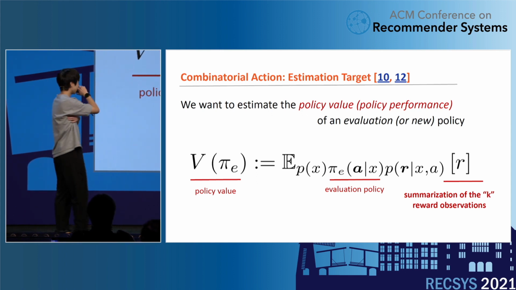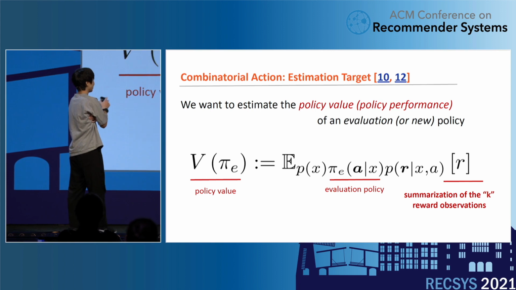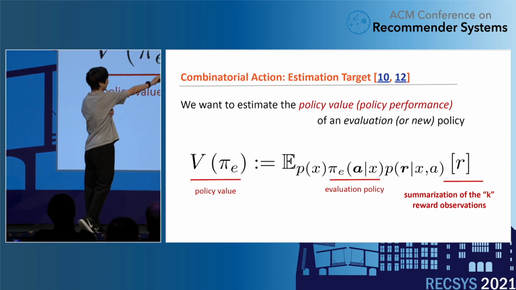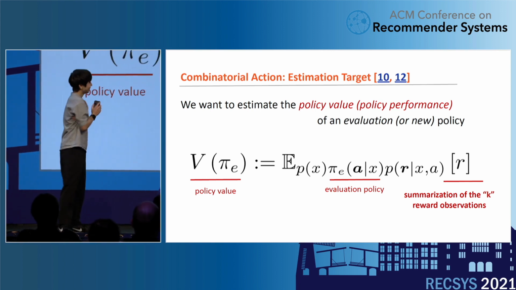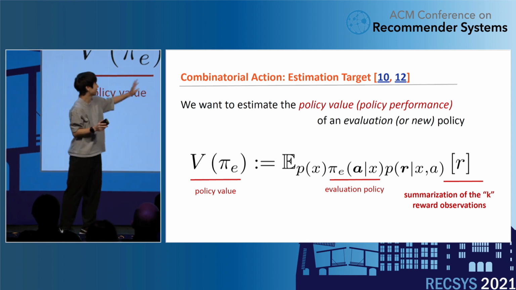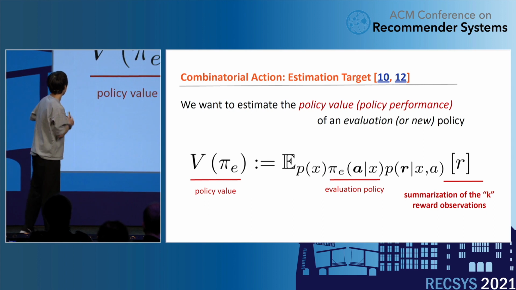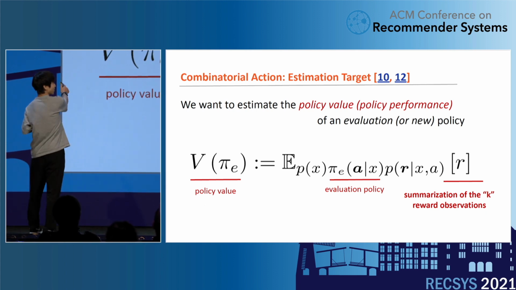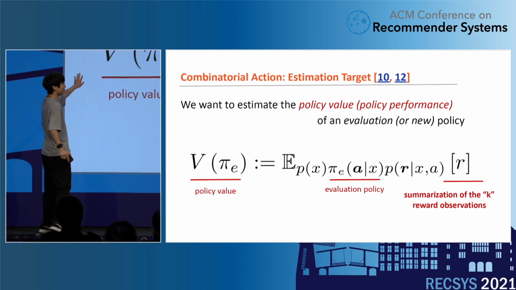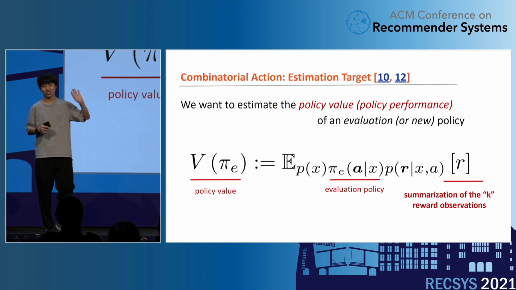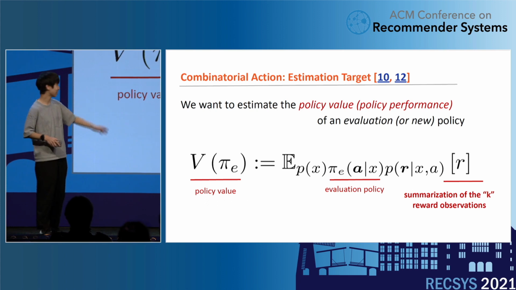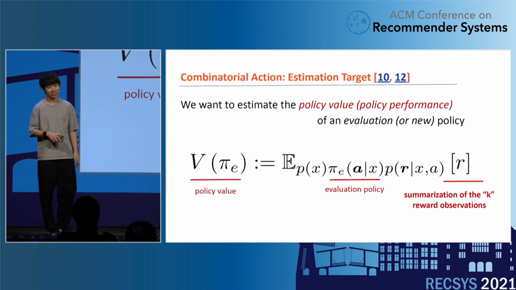But also, let me note that the reward on the right-hand side is now not a vector, but a scalar value, right? What I did here is that I wanted the policy value to be a scalar value. If the final policy value is vector-valued, there might be an independent research interest, like multi-objective recommendation.